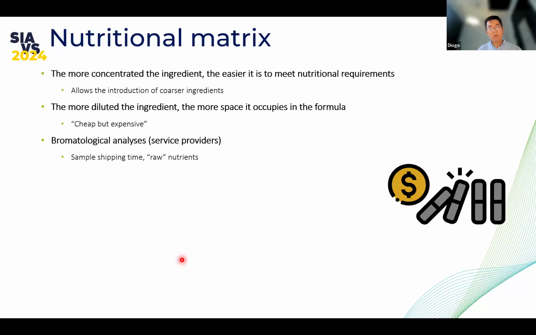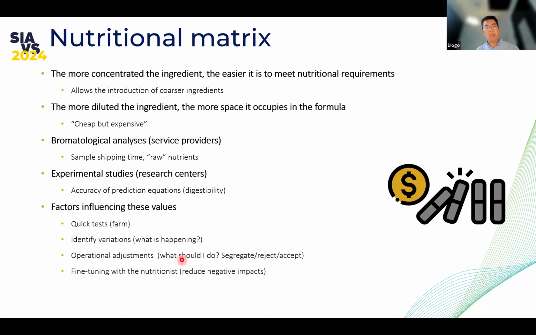And mostly we use digestible, available nutrients to balance the formula. Which research centers can help us have more accuracy with the prediction equations to determine digestibility?